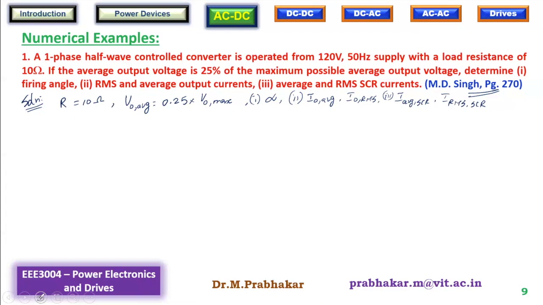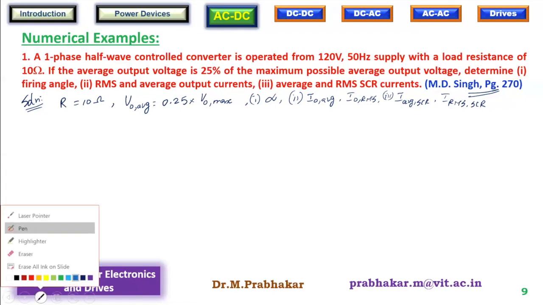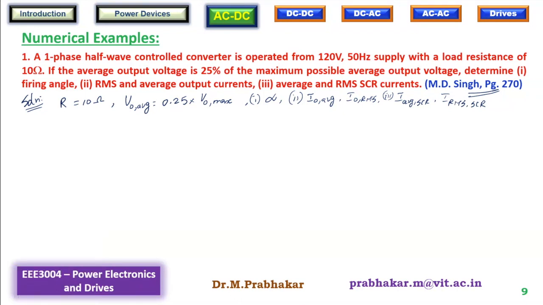Now we will try to solve them. What is the expression for average output voltage for a half wave controlled converter supplying R load? R load would mean conduction will stop at alpha. So if you do that integration, you will get V naught average as Vm by 2 pi into 1 plus cos alpha.